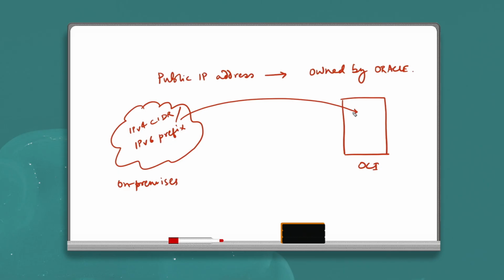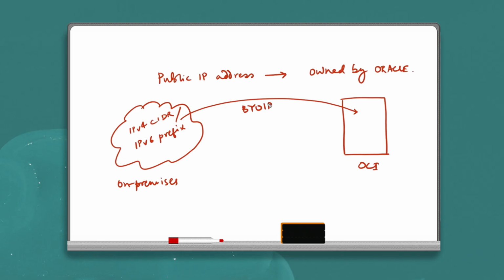And when you plan a migration to Oracle Cloud Infrastructure, you would like to use that IP address. Basically, if you want to have a smooth migration to OCI, you need to have a solution that provides continuity. And that is where this bring your own IP comes into action.